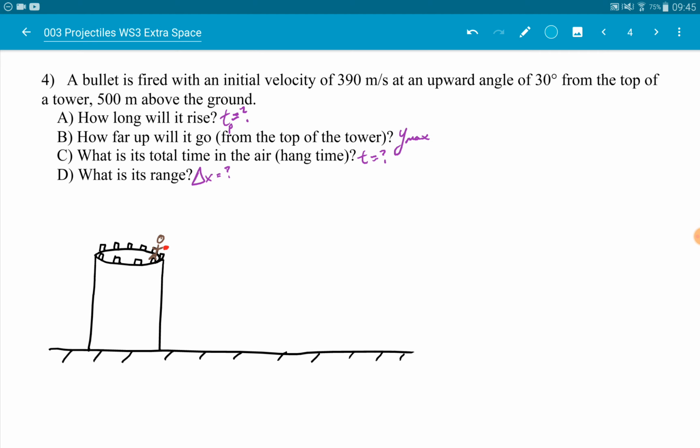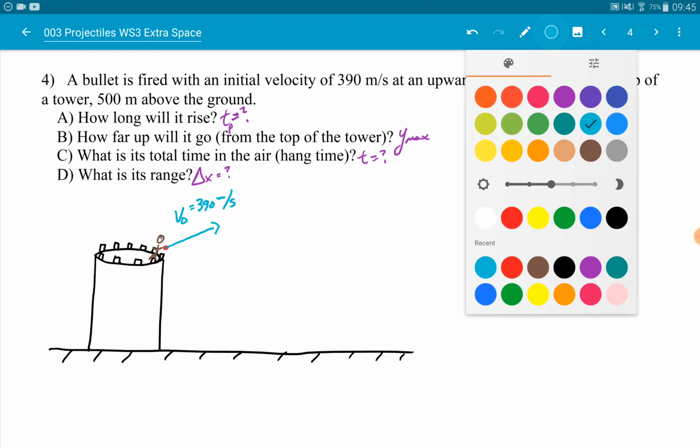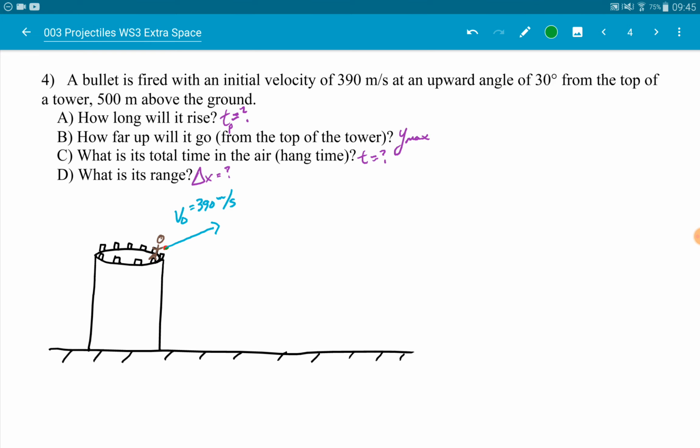So it's fired 30 degrees upwards. And v naught is 390 meters per second. I'll put in the component vectors here, and the angle is 30 degrees.